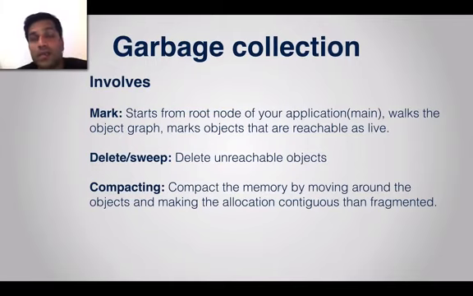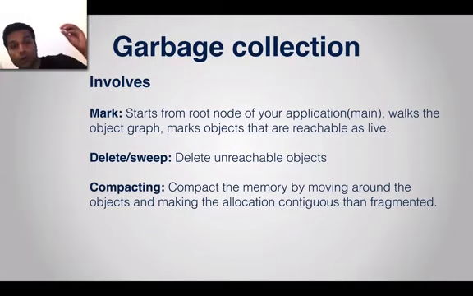Garbage collection basically involves 3 steps: mark, sweep, and compacting. Mark is a step where the garbage collector walks through the object graph, which I talked about, which will have a root node of your application. Suppose you have a class called Application which got invoked at the beginning, and everything gets created from there.